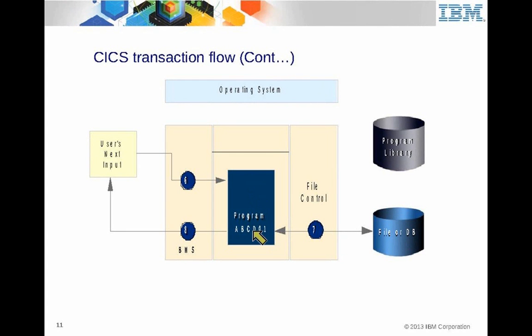Then the program might be interfacing with a file or a database to either inquire, update or insert some data. This file or database could be almost anything: DB2, IMS, a Unix file, a VSAM file, a data set, could be Oracle, many different other non-IBM products.